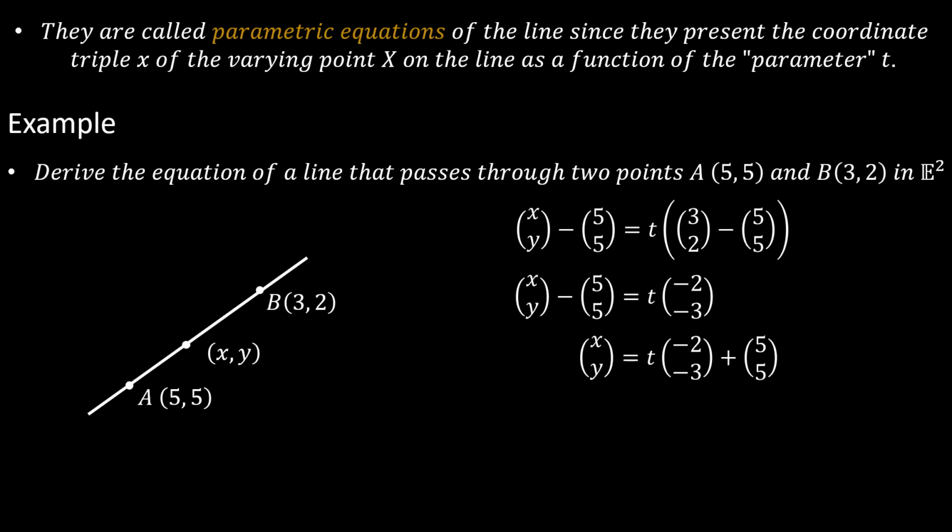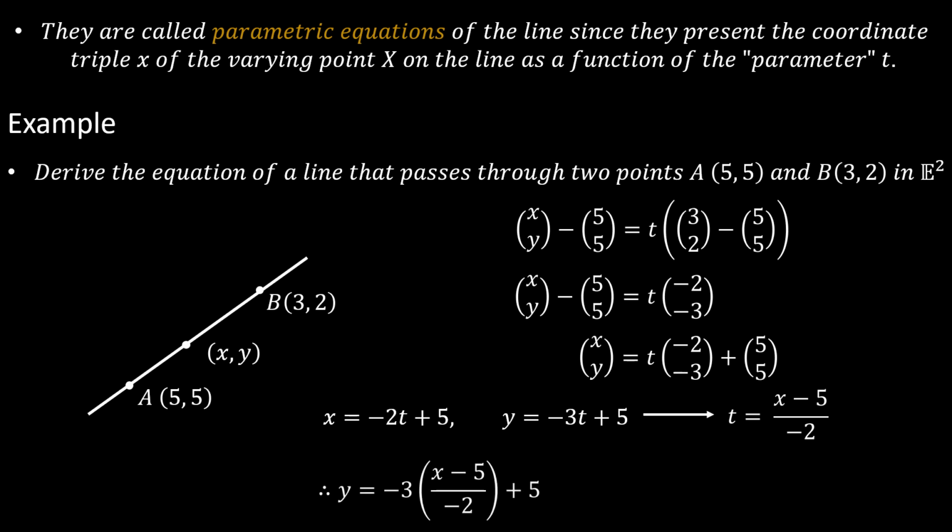We can take the x and y separately. So we have x equal to negative 2t plus 5, and y equal to negative 3t plus 5. We can reorganize the first equation so that t is (x minus 5) over negative 2. Now substitute this value for t back into the equation for y. So we have y equals negative 3 times (x minus 5) over negative 2, plus 5.